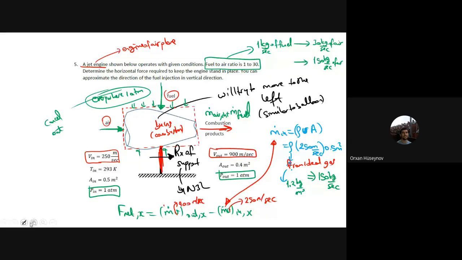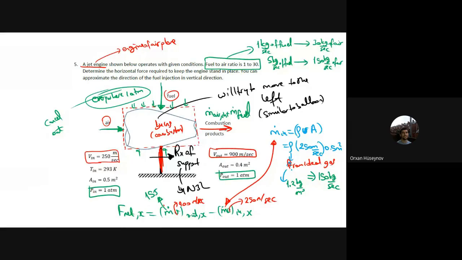Therefore, you will need 5 kilograms of fuel. You see, for one it is 30, so if it's 150, you have 5 kilograms of it. So the m dot at outlet will be 150, which is inlet, plus the fuel here, which is 155.